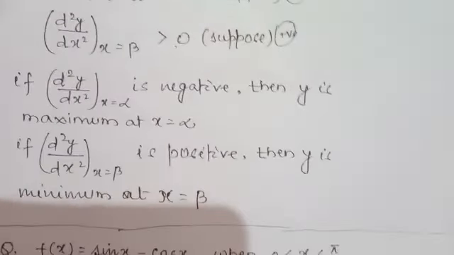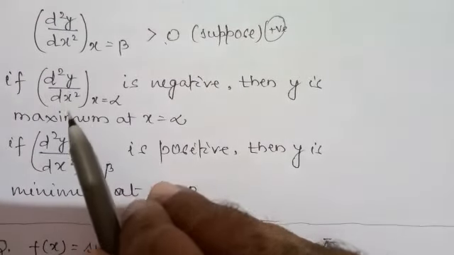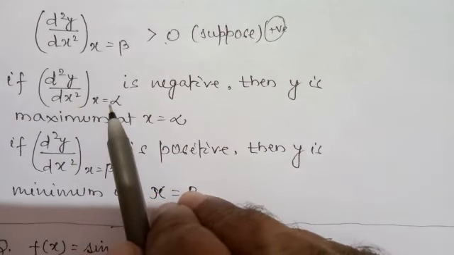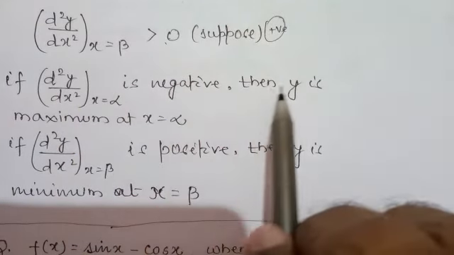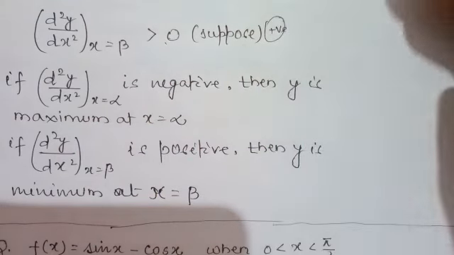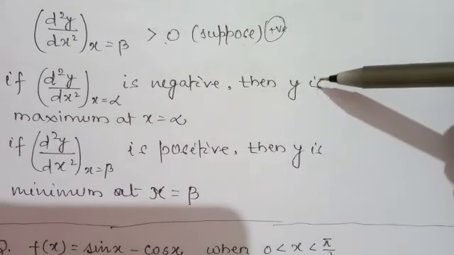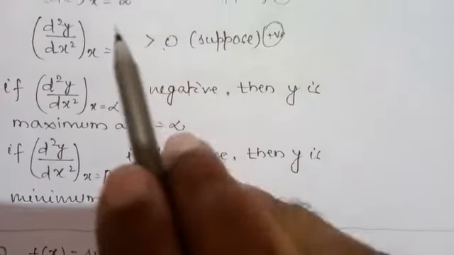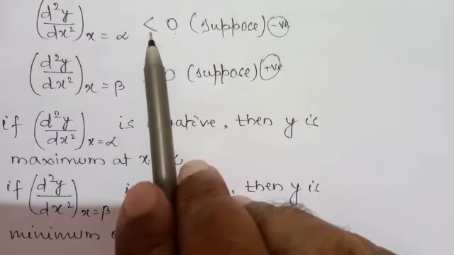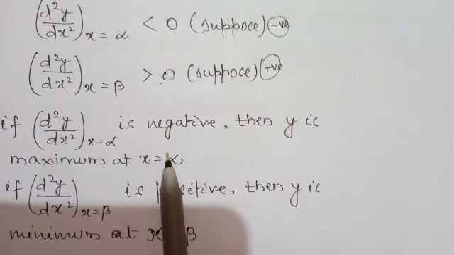Now if d2y by dx square at x equal to alpha is negative, then the value of y or f(x), whatever you consider, is maximum at x equal to alpha. In the negative case, y is maximum at x equal to alpha.